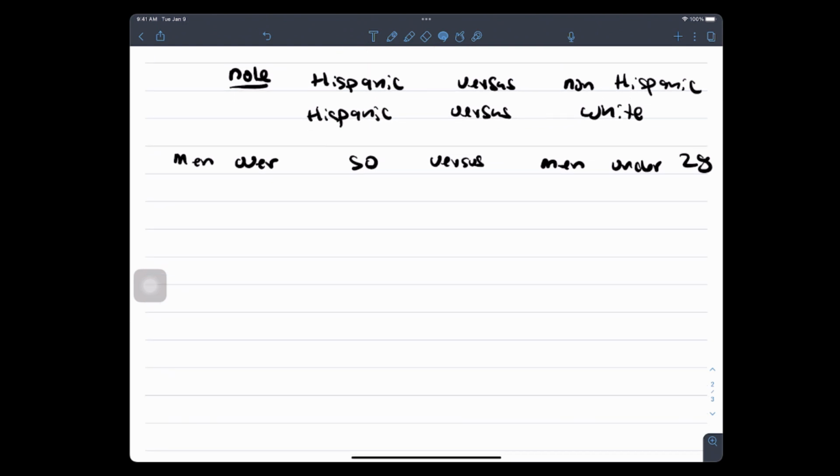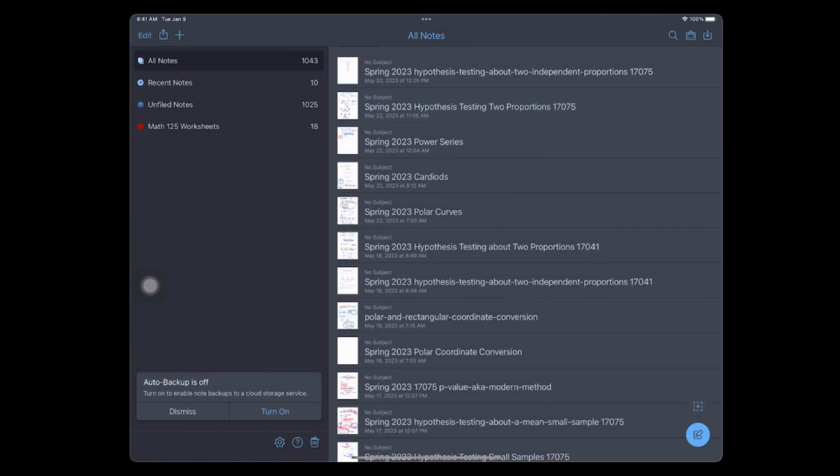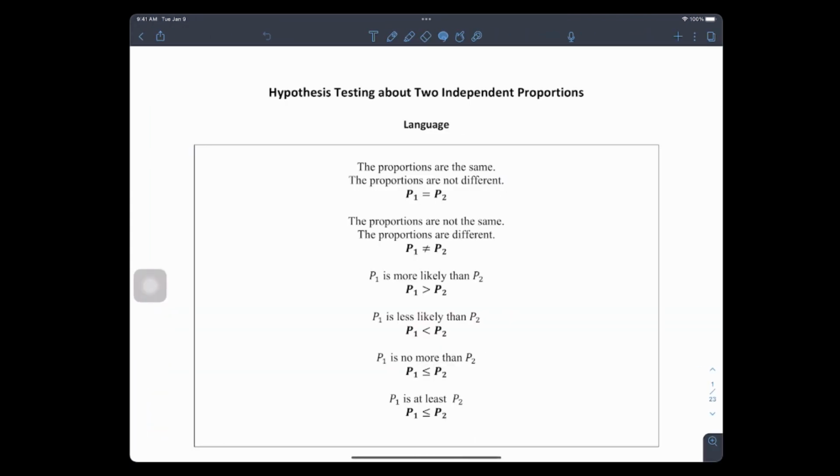So there's a lot of different ways we can go with this. Okay, you guys see the difference? Two independent groups. As you can see, this could get very interesting very fast by comparing groups of people in a lot of different scenarios, and it's used all the time.